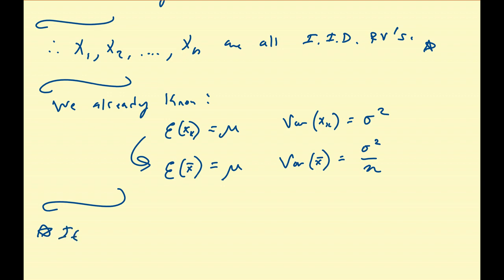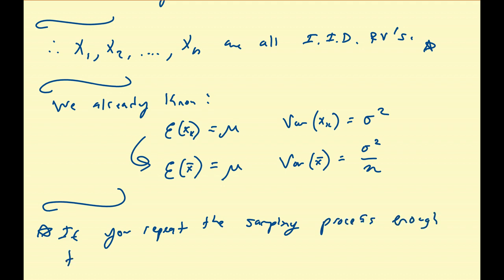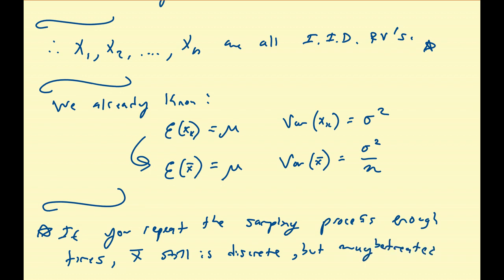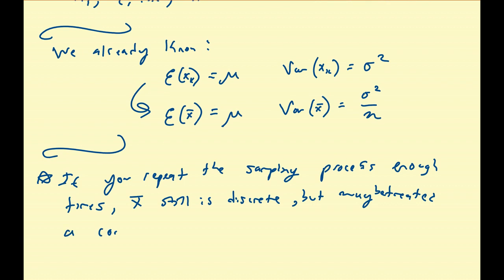So if you repeat the sampling process enough times, so first you have, say, 1 sample mean, 2 sample means, 100 sample means, and so on, x bar still is discrete, but may be treated as a continuous random variable.